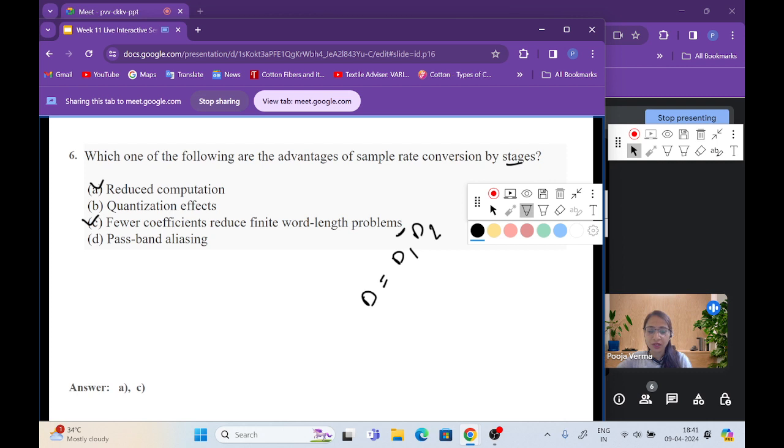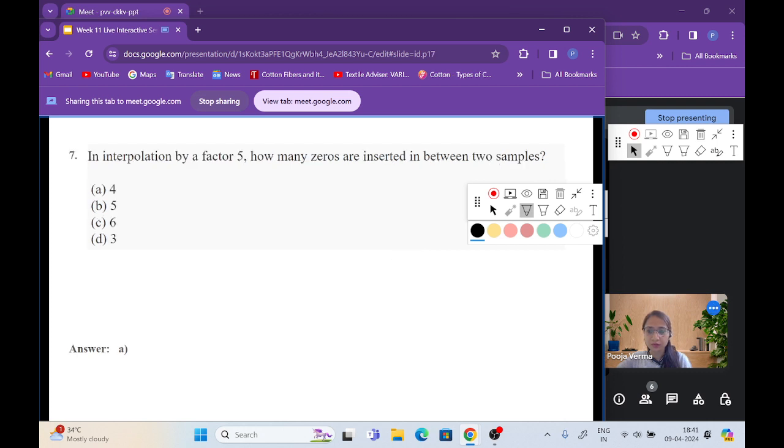Okay, so moving to the next question. In interpolation by a factor 5, how many zeros are inserted in between two samples? So here the interpolation factor is given, I is equal to 5. If any sequence has x of n, how many zeros must be added between the two samples?